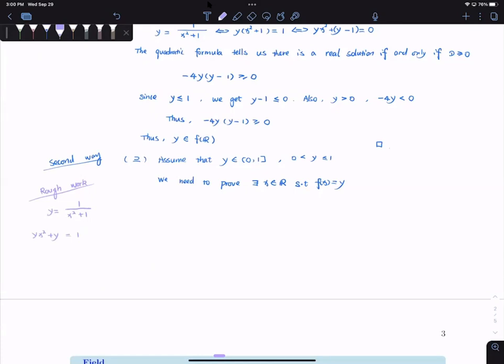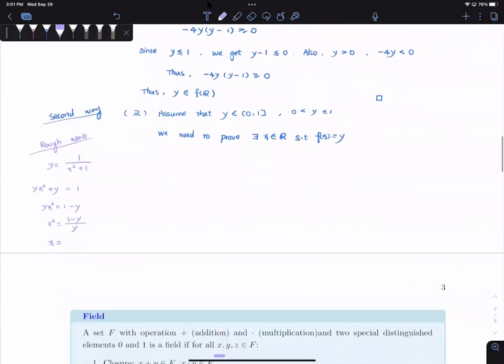Isolate for x. So yx squared equals 1 minus y. So x squared equals 1 minus y over y. This will give you plus or minus square root, but I'm going to choose a positive one. But it doesn't matter, you can choose a positive or a negative one. This is only rough work.